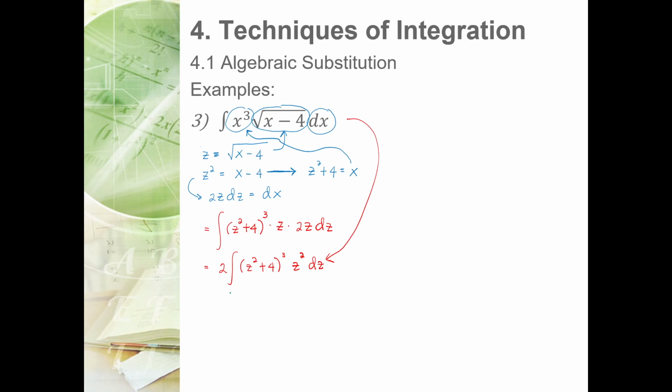Okay, so let's expand this one first. You have z to the power of 4 plus 8z squared plus 16, right? Then multiply again by another z squared plus 4.